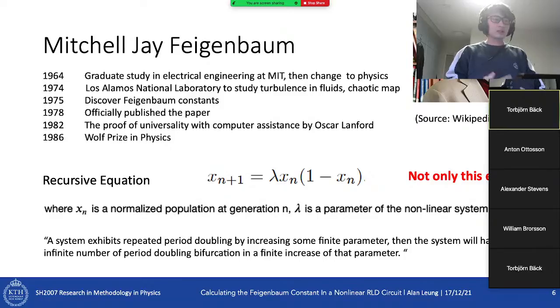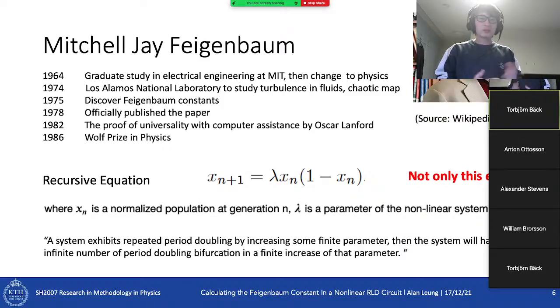One year later, he discovered the Feigenbaum constants. Three years later, he published his paper about these constants. Four years later, he had guidance from Oscar Lanford on how to prove it universal, not only focused on one type of nonlinear system. And four years later, he got the Wolf Prize in physics.